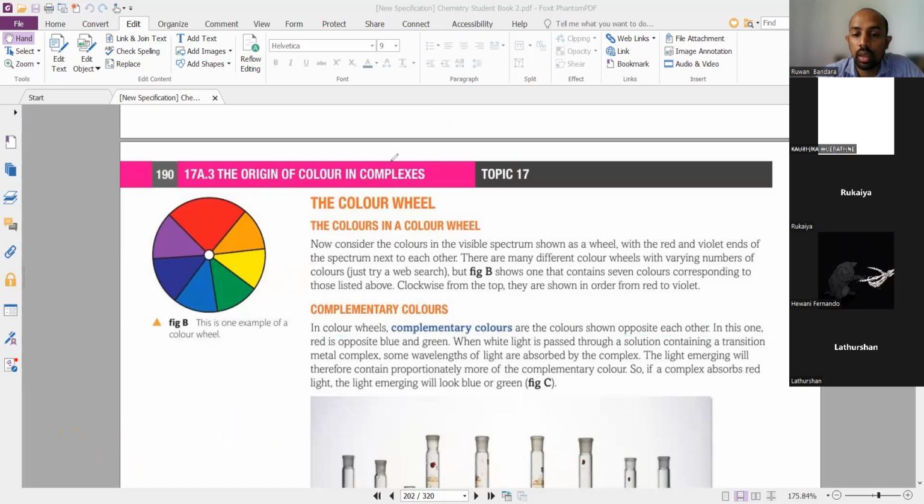I think that particular part you have to write, right? Any doubts in this case? Vanhevani, Latushan, Rukaya, Nivesh, Haushika, is this clear? How this complementary color thing works and why it is useful when we are determining the color of transition metal complexes?